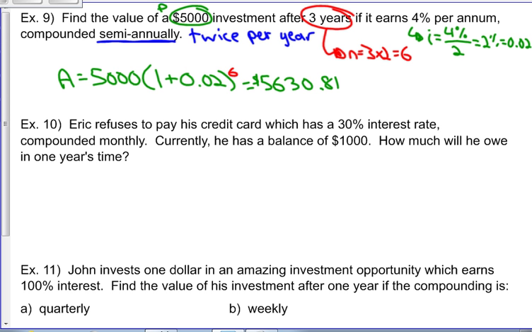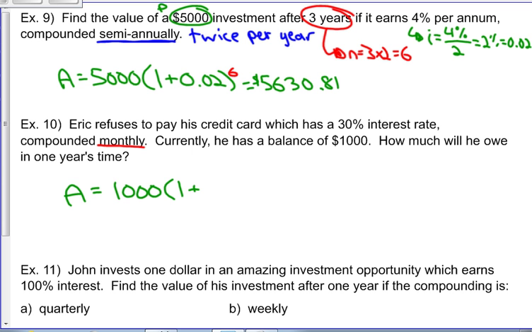If compound interest worked the way we want it to work, then the answer to this question would be $1,300. It would be 30% more than $1,000. Okay. But the effective interest rate turns out to be more than that. Let's figure out what's going on here. So A equals, principal is 1,000 here. 1 plus I. Okay, here's the important bit.